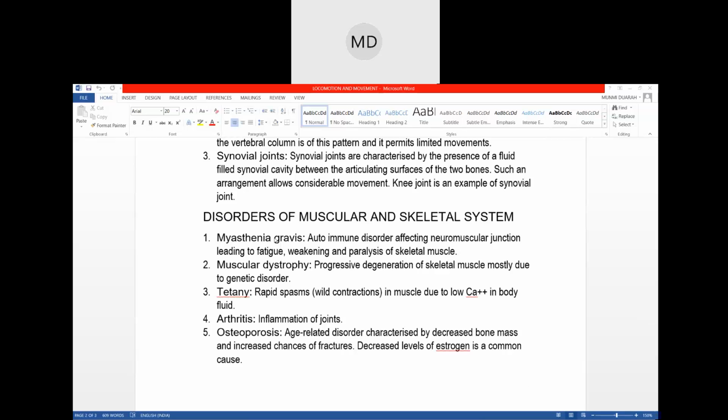Myasthenia gravis is related to the immune system and the neuromuscular junction. What is the neuromuscular junction? Neuromuscular means the neurons and muscles, no? The junction means the gap in between the neurons and the muscles. So this is an autoimmune disorder, meaning it is related to the immune system.